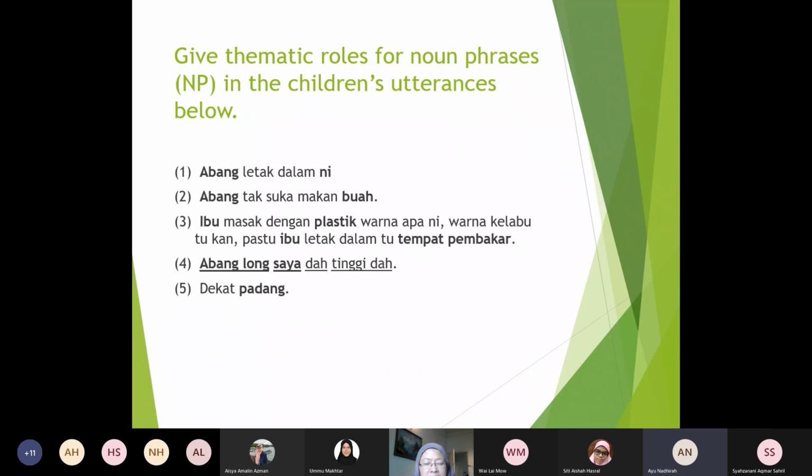Plastik, aside from instrument, apa lagi yang boleh kita berikan dia punya thematic role kat situ? Kalau team boleh ke, doktor?